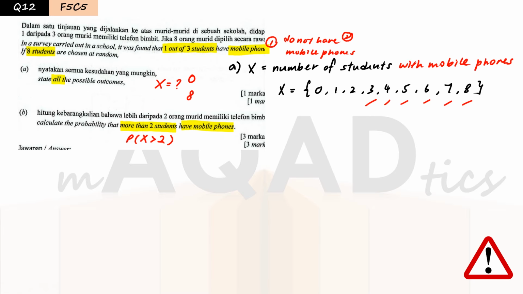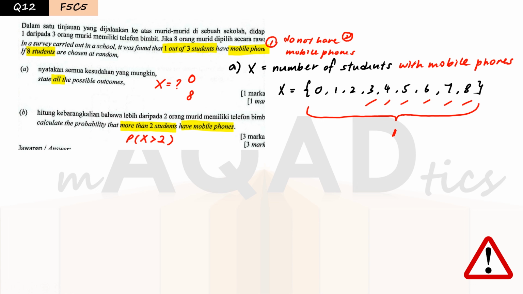There's a lot. So we can use the shortcut way. Right, so what is the shortcut way? The shortcut way is, let us consider the total probability of all the outcomes here, which we know is 1, right?